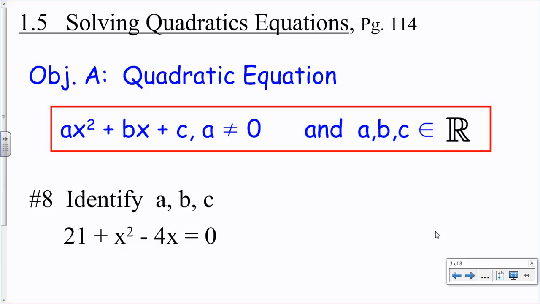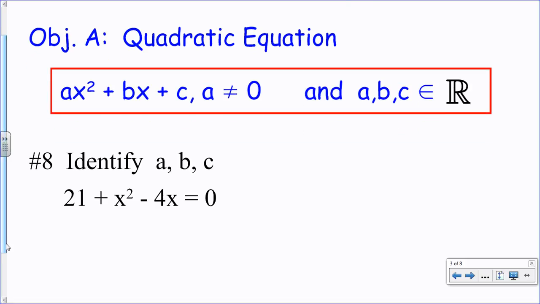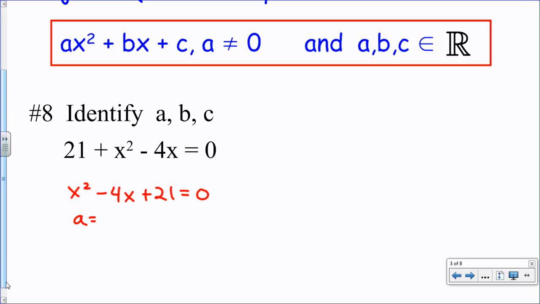Right, number 8 just says identify A, B, and C. So let's put it in standard form. So we should write x squared, then minus 4x, then plus 21 equals 0. And then A is the coefficient of x squared, so that would be 1.